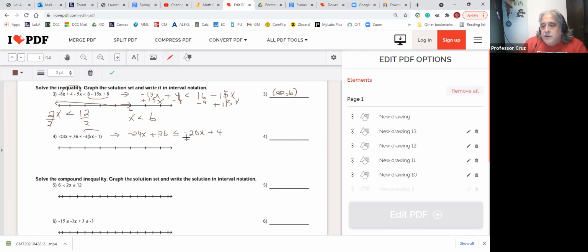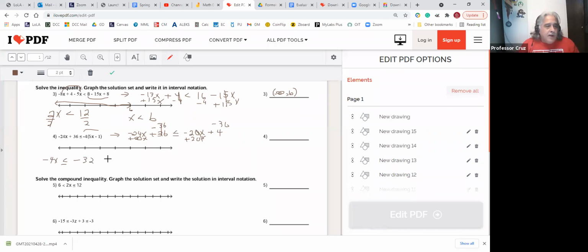So that means plus 20x. I need to squeeze things in here. So these are going, that's going, and I will have negative 4x is less than or equal to negative 32.